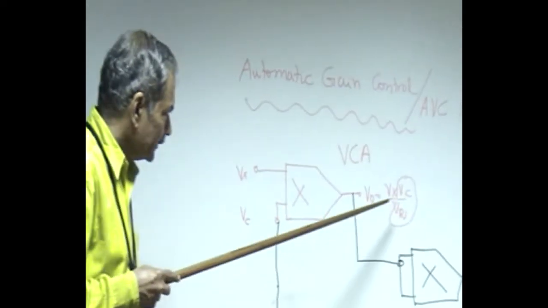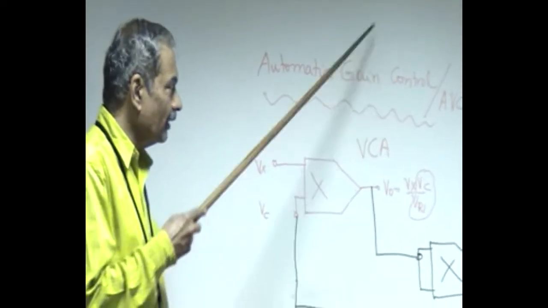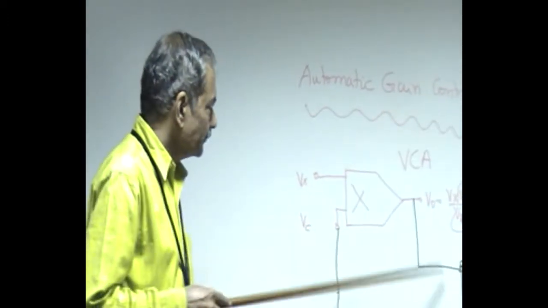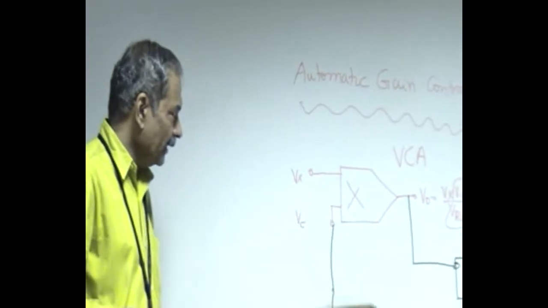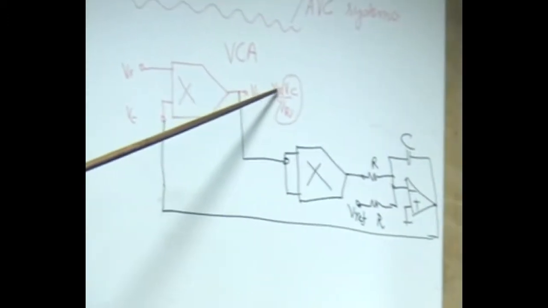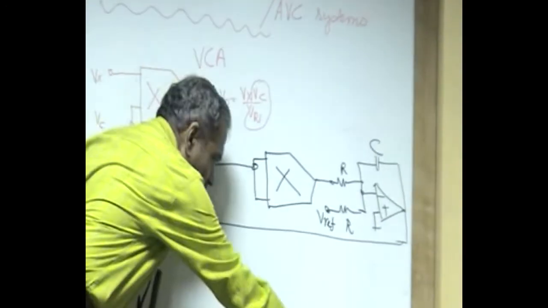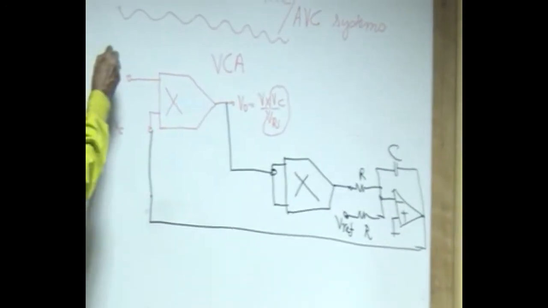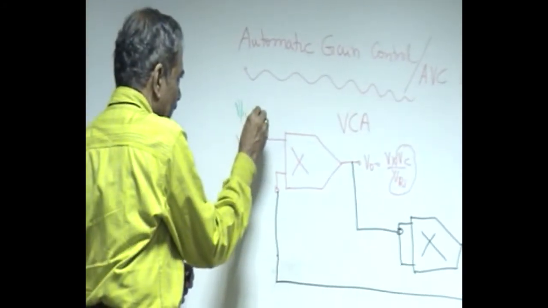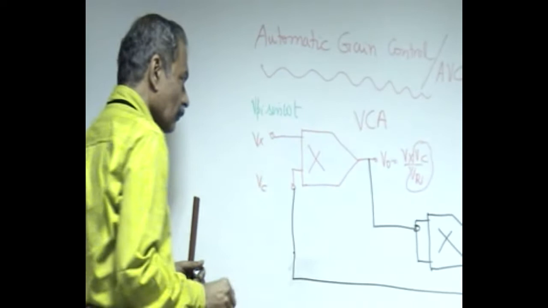Okay. Now such a multiplier is what is being used to demonstrate this control loop. So this first multiplier is being used as a voltage controlled amplifier. Now you can see that Vx is the input, and we are assuming that the input is a sinusoid, let's say Vpi sine omega t.